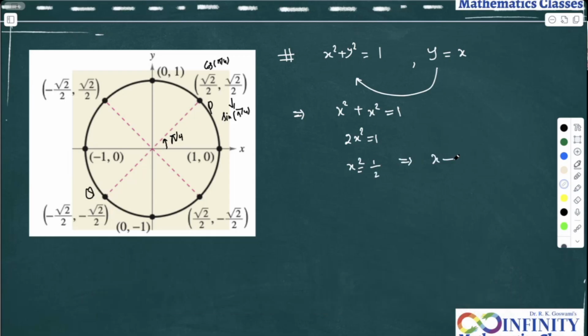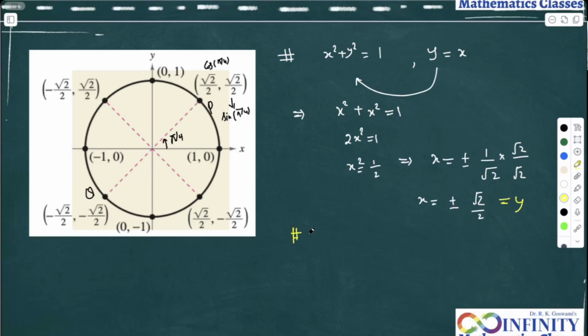And from here, the value of x is going to be plus or minus 1 over square root of 2. Let me multiply by square root of 2 in the numerator and denominator. The value of x is going to be how much? Plus or minus, help me, 1 over square root of 2. Because x is equal to y, the same value is going to be y there.